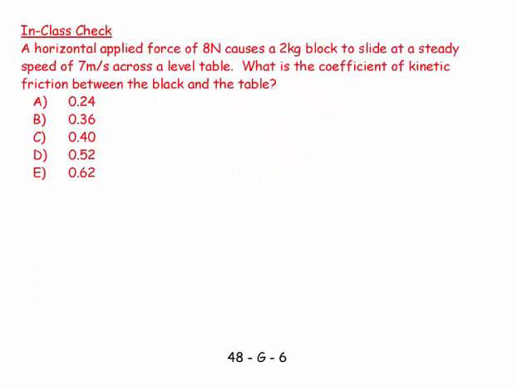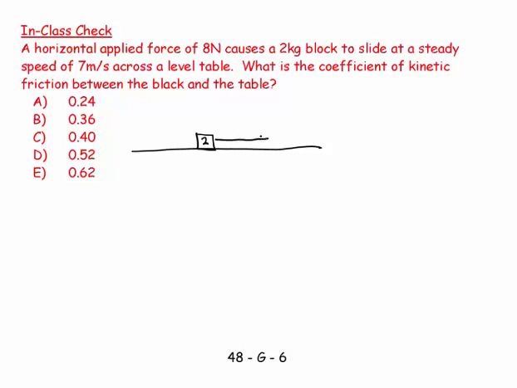Let's look at this next one. A horizontal applied force of 8 newtons causes a block to slide at a steady speed of 7 meters per second across a table. The block is 2 kilograms.